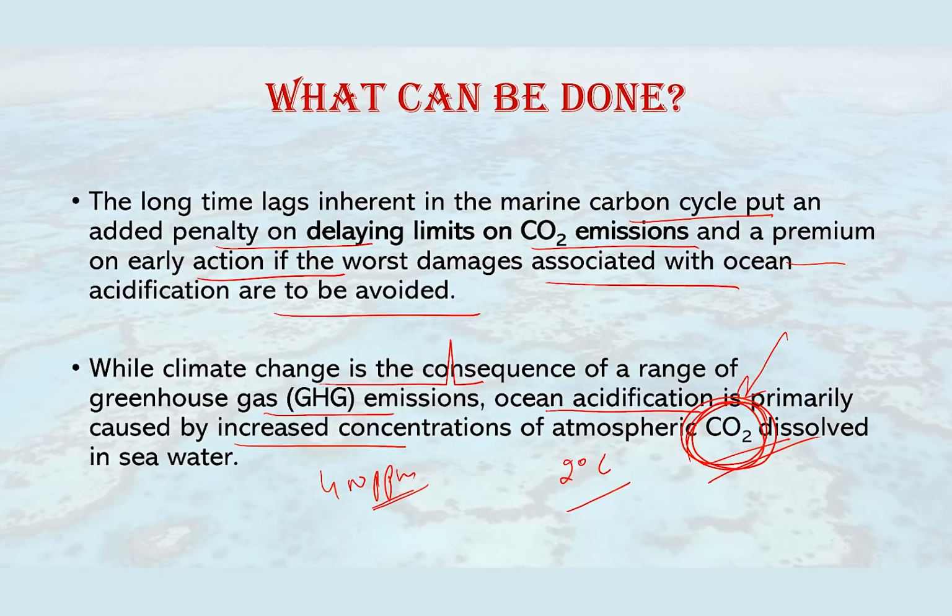This benchmark has recently been exceeded also. So sustainable management, conservation and restoration of oceans are the need of the time. At the IUCN World Conservation Congress that took place in 2016, IUCN members approved the resolution calling for the protection of 30% of planet's ocean by 2030.